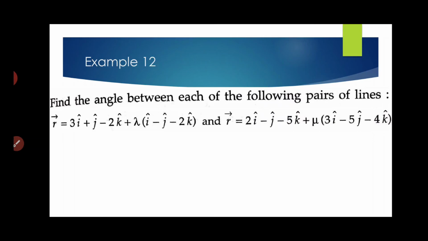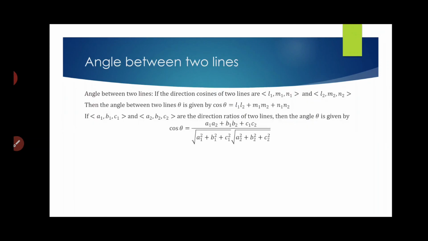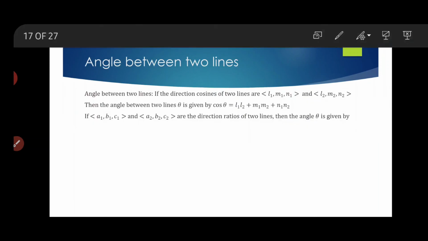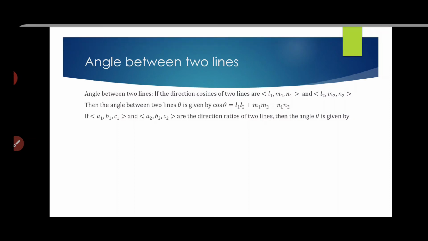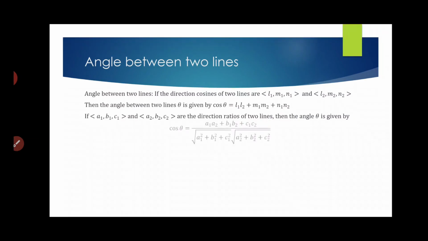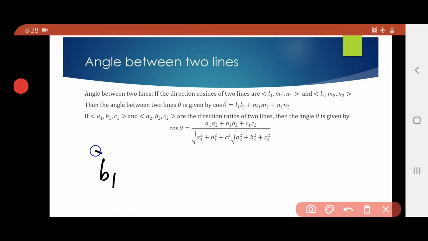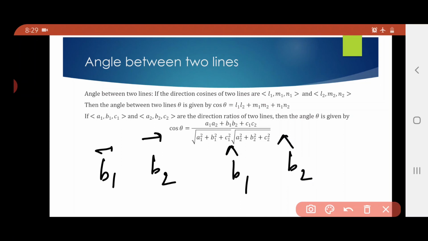Now let us do it here also. Obviously I haven't written the vector form, which is pretty easy to see. So if b1 is the direction ratio of one line and b2 is the direction ratio of another line, then b1 cap is a unit vector and b2 cap is another unit vector.